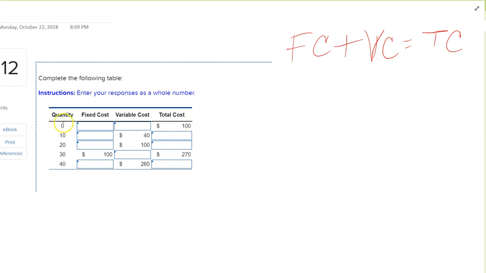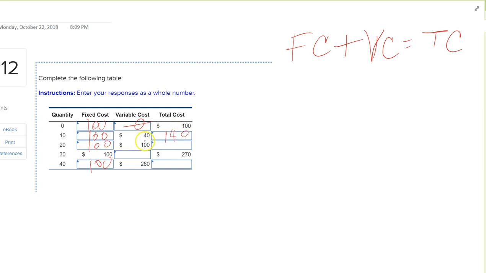So for example, if you've got none produced but your total cost is 100, you know that your fixed cost is 100. And fixed cost means fixed cost, right? So it's 100 all the way down. Then it becomes super easy. If it's 100 and total cost is 100, variable cost is nothing. If we've got 100 of fixed and 40 in variable, total is 140.